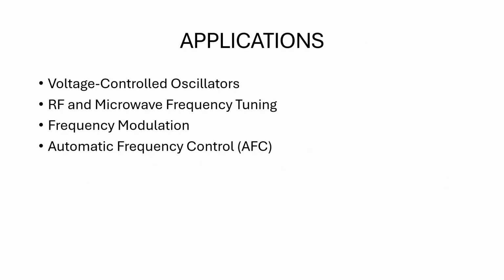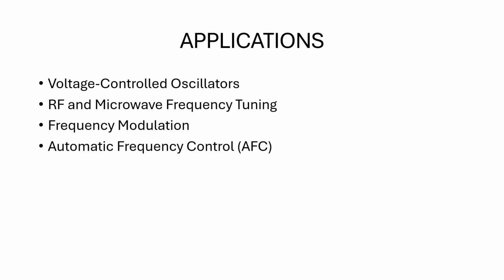So these are the applications of varactor diodes: voltage controlled oscillators. Here, in the variable capacitor operation, the voltage controls the capacitance value. So voltage controlled oscillators, RF and microwave frequency tuning.